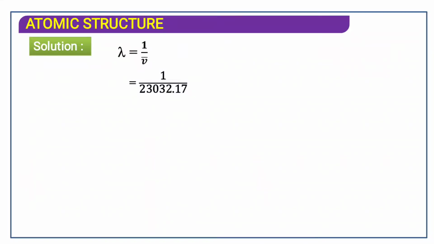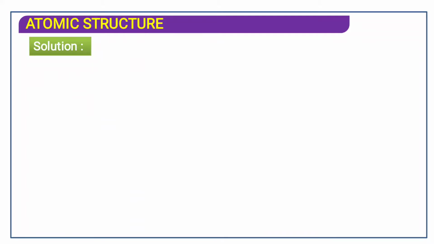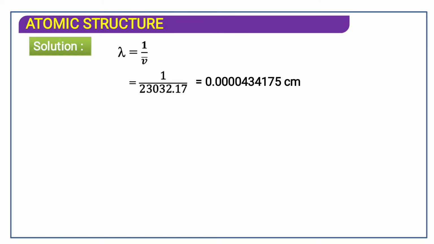And now take the reciprocal. 1 upon the wave number will be lambda, because we have 1 upon lambda as the wave number. Now we require to find lambda, so we do the reciprocal. From the log book also we can find the reciprocal value. The answer will be 4.34175 into 10 raised to minus 5.